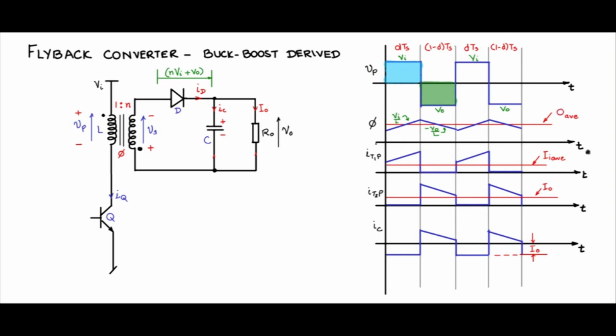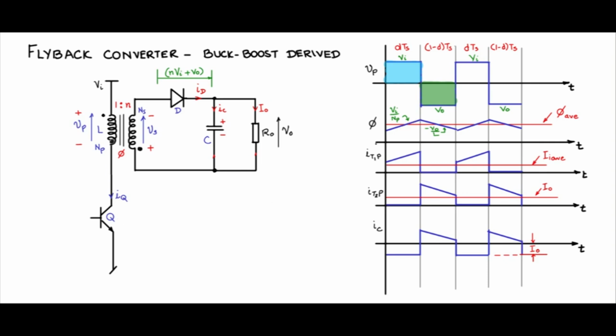So let us say here flux is phi average, this is the average phi, and the slope is not Vi by L. Vi by L is for the current waveform, and here it is Vi by Np, if I say this is Np and the secondary is Ns number of turns, the rate at which flux changes.